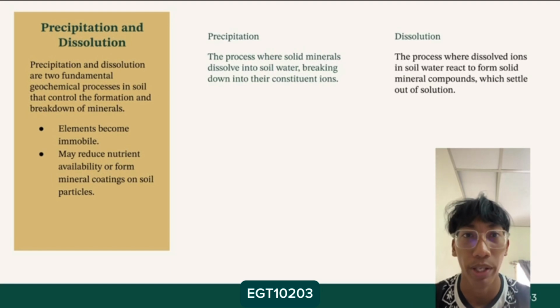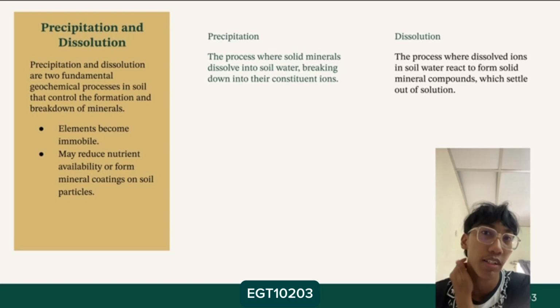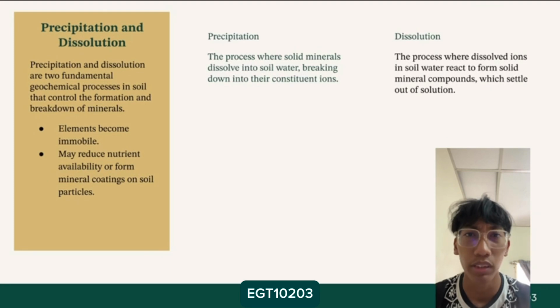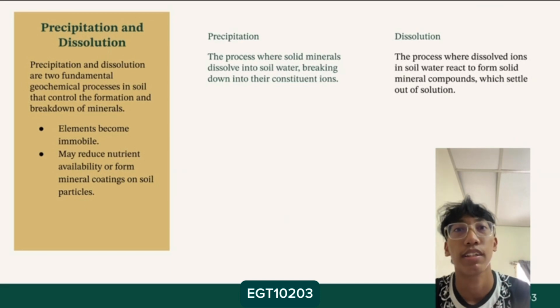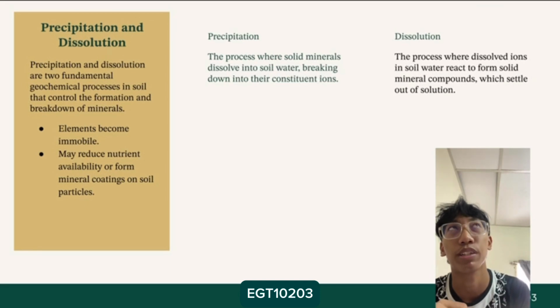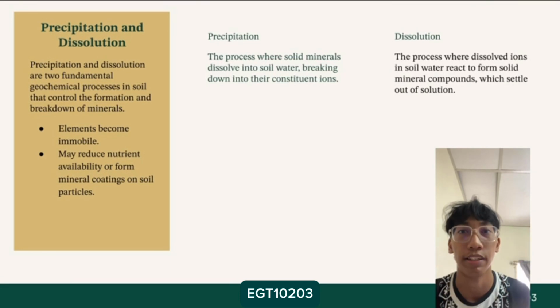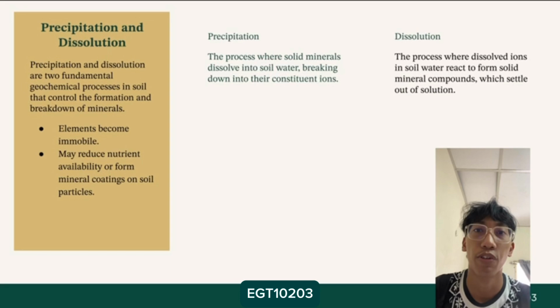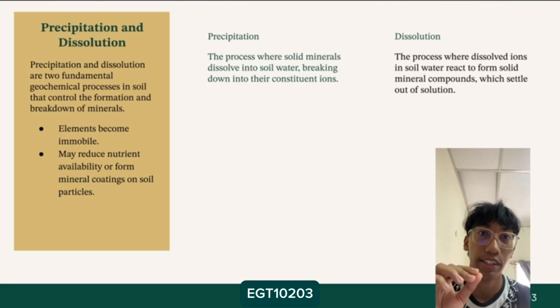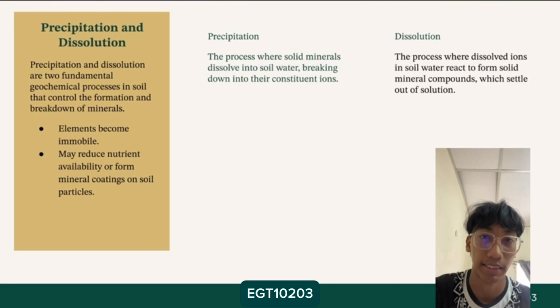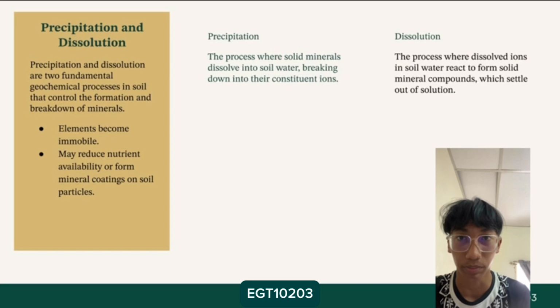Dissolution is the process where solid minerals dissolve into soil water, breaking down into their constituent ions. For example, calcium carbonate can dissolve in acid water or form solid in basic soil.